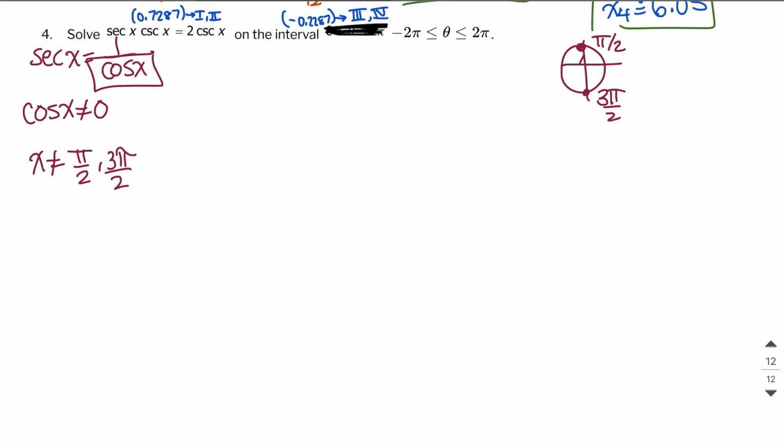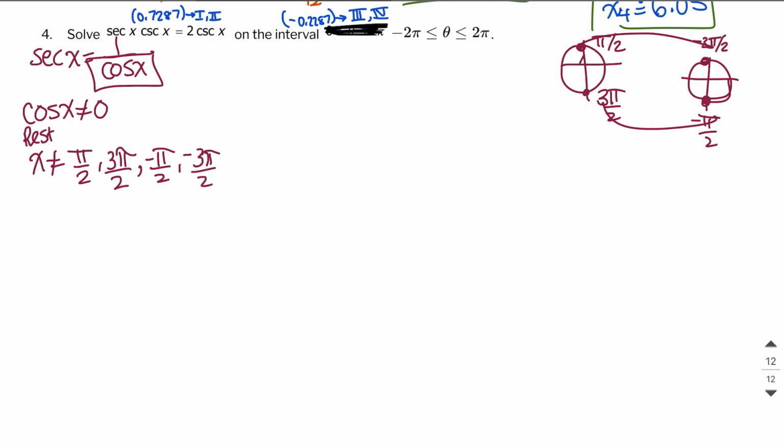So right here, if we're talking about from negative 2 pi to 2 pi, then if I were to go backwards, this would be at negative pi over 2, and this would be at negative 3 pi over 2. It's the same thing, but we're just going backwards. So x cannot be any of these four angles between negative 2 pi and 2 pi. Okay? So here's my restriction, number 1.